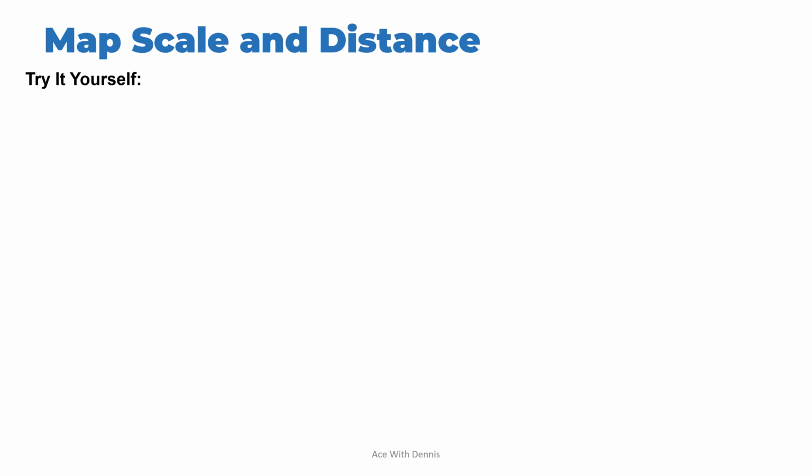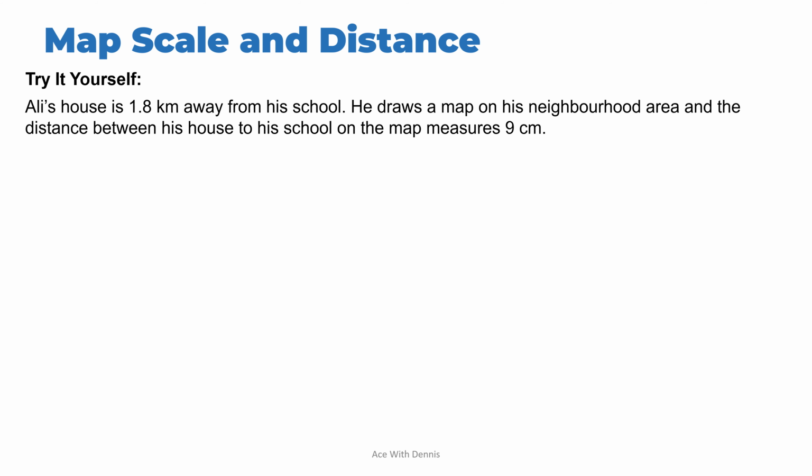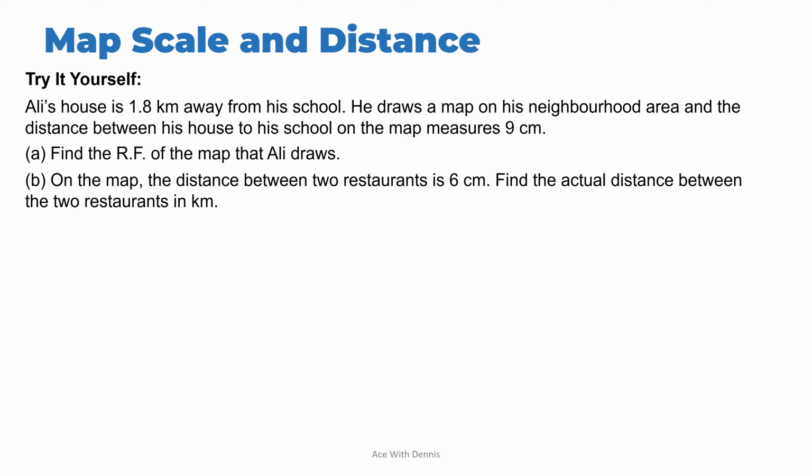Now, let's try this similar example yourself. Ali's house is 1.8 kilometers away from his school. He draws a map on his neighborhood area, and the distance between his house to his school on the map measures 9 centimeters. A. Find the RF of the map that Ali draws.